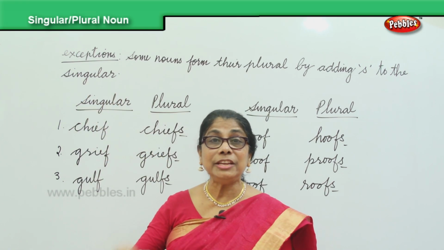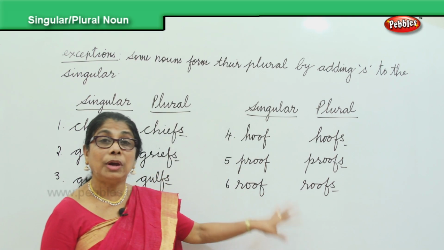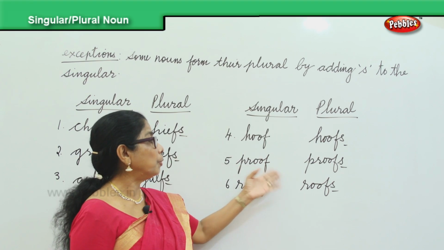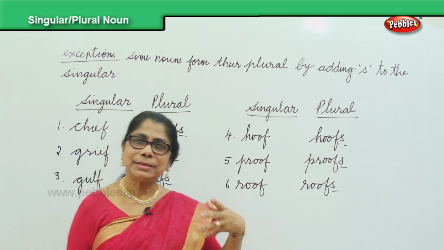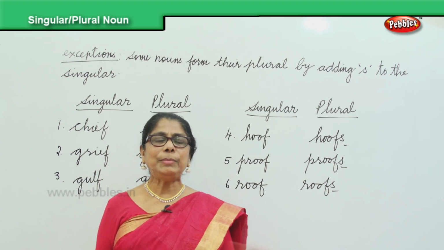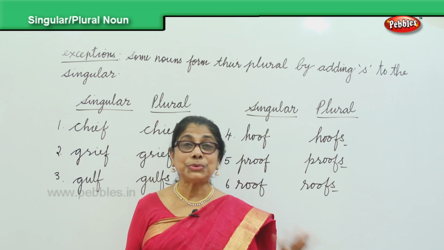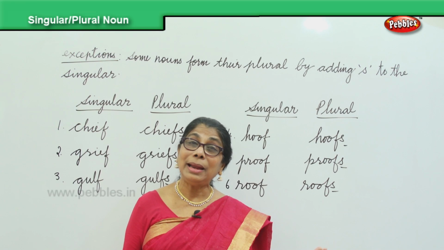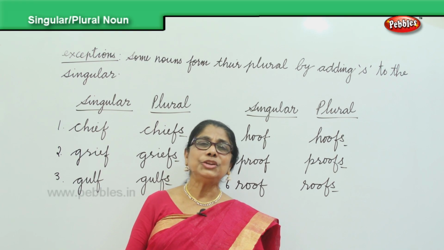Words like chief, grief, gulf, proof, roof, hoof, all this. Just remember roof of the house, proof, proofreading, proofs, hoof, the horse's hoof. Just remember a little bit. But when we do it in sentence form, we'll remember better.